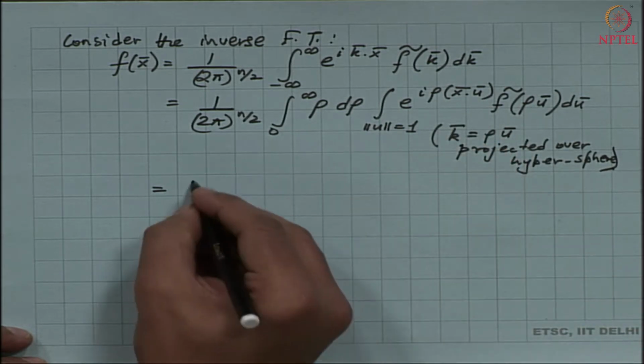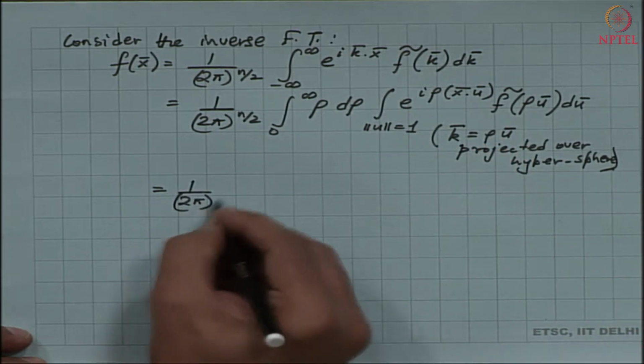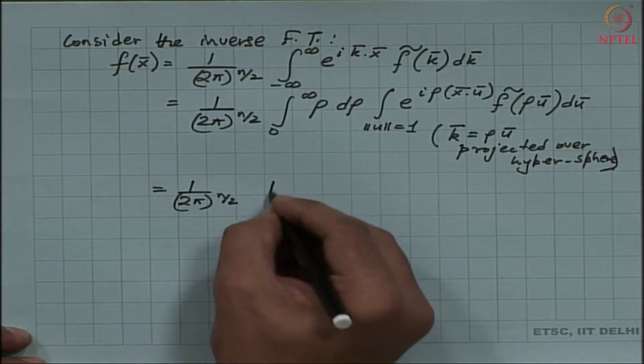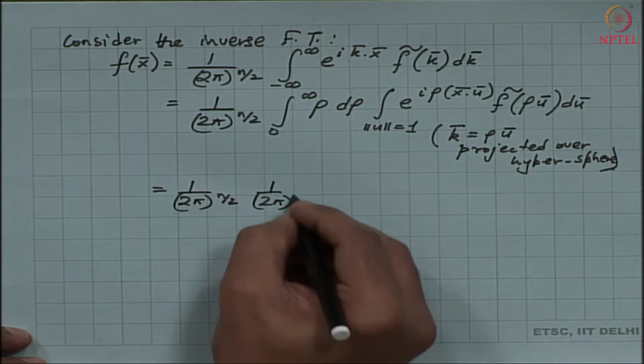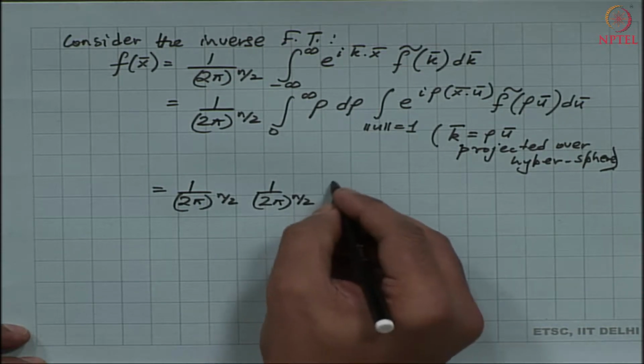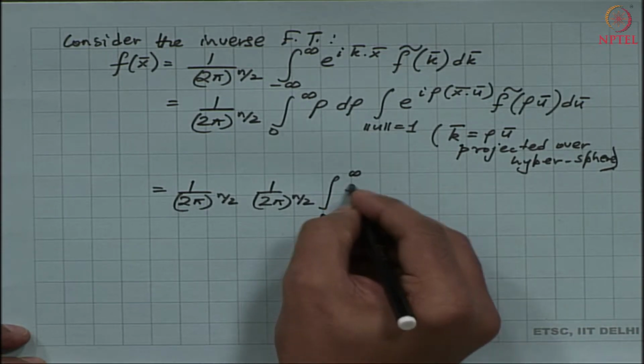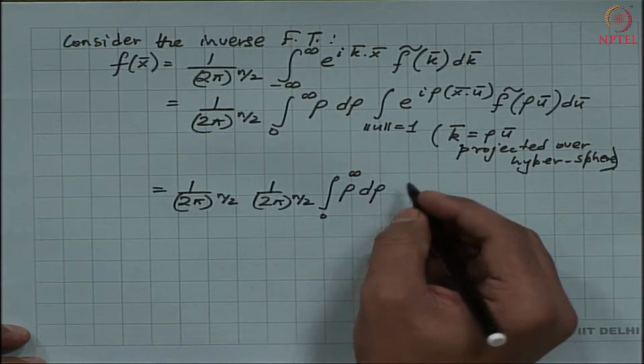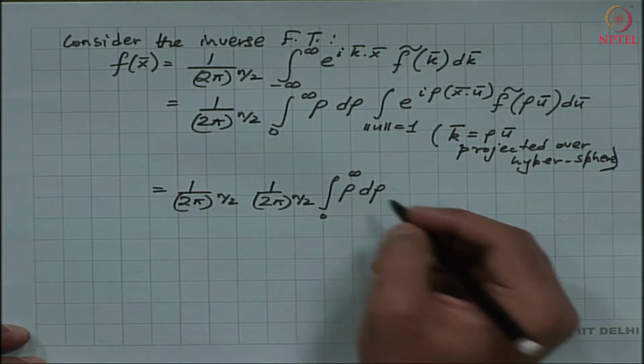So, then what I have is this factor 1 by 2 pi to the power n by 2, and then that will pull in another factor 2 pi to the power n by 2, of the integral 0 to infinity rho d rho.